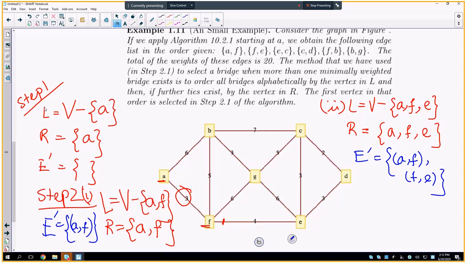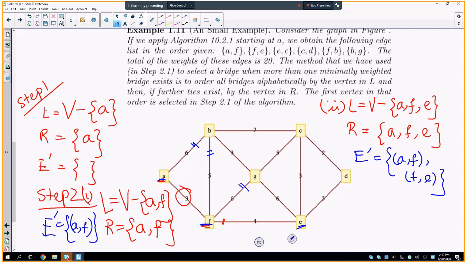Okay, so now you have R consisting of A, F, and E, and you're looking for all the connections. So let's see what are the connections between these 3 vertices and the rest of the graph. I have these coming. This is no longer a connection between F and E, because F and E are part of the same partition.